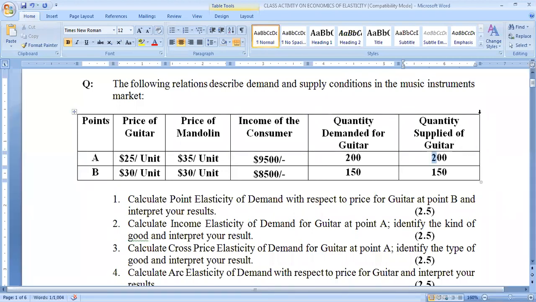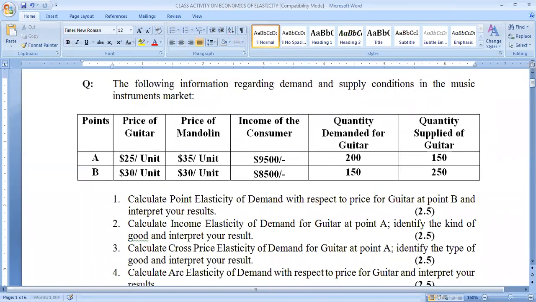Initially, suppliers were supplying around 150 units maybe when the price is 25, and when price has increased, they have increased quantity supplied from 150 to say 250, right?